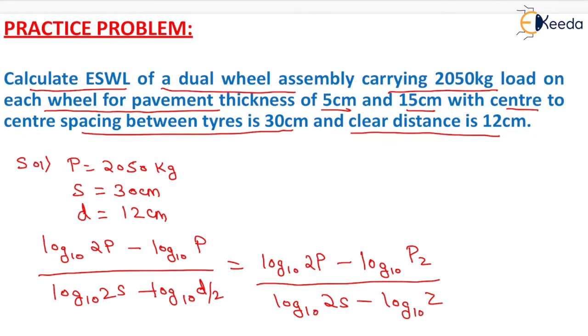Now we have all the values, that is 2P, P, 2S, d by 2, 2P, 2S. Now we need to find the value of Pz here.